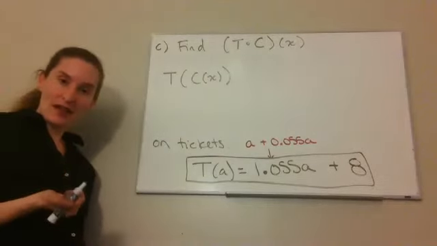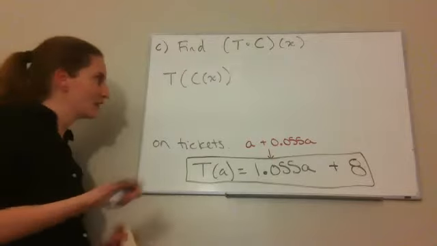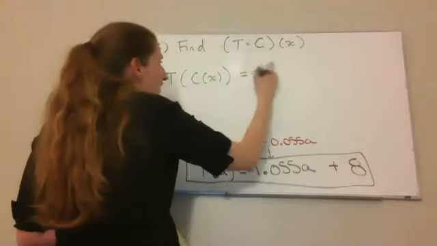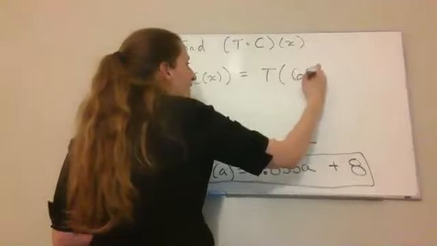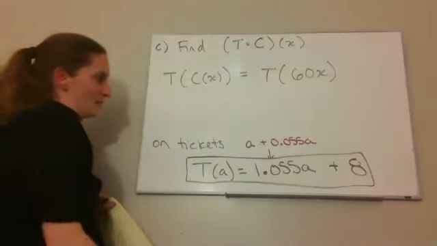So our C of X was what we did in part A. That was just 60 times X. So I get to plug 60 times X into my function T.